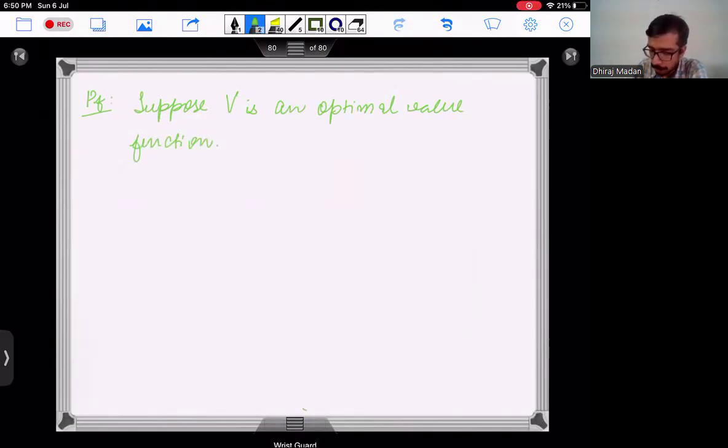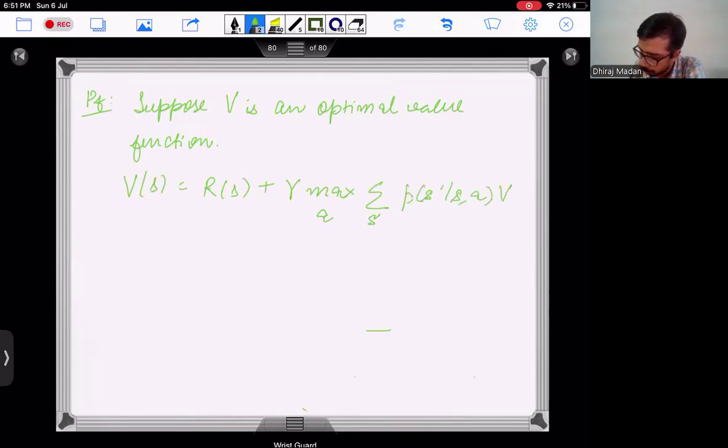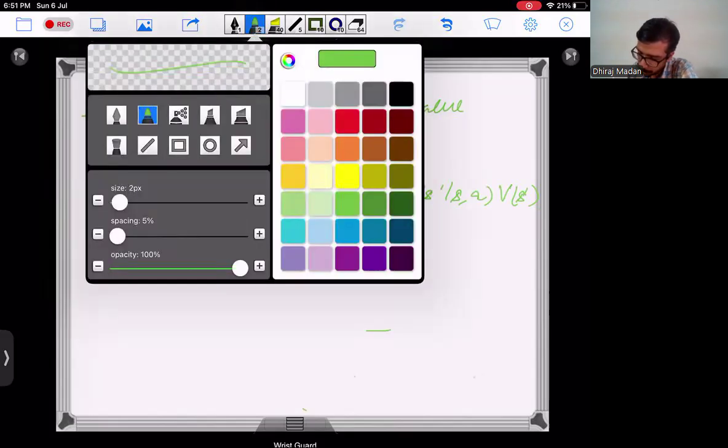If it is an optimal value function, it will satisfy the Bellman equation for the optimal value function, which is that V of s is R of s plus gamma times max over a of the sum over s prime of P of s prime given s, a times V of s prime. So it's going to satisfy this. And now how do we compute pi of s?